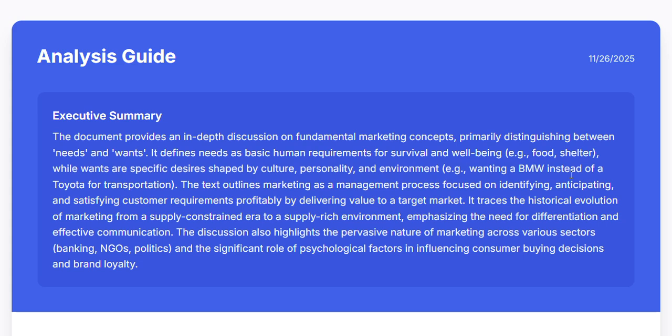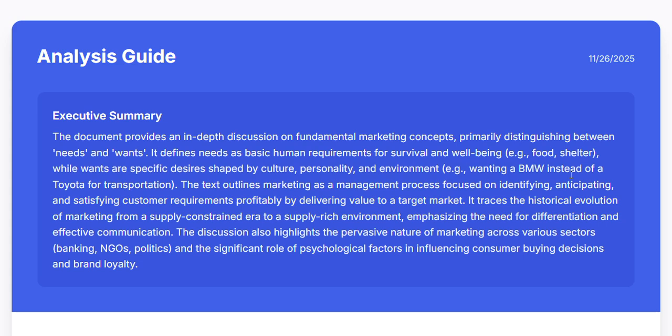The text outlines marketing as a management process focused on identifying, anticipating, and satisfying customers' requirements profitably by delivering value to the target market.